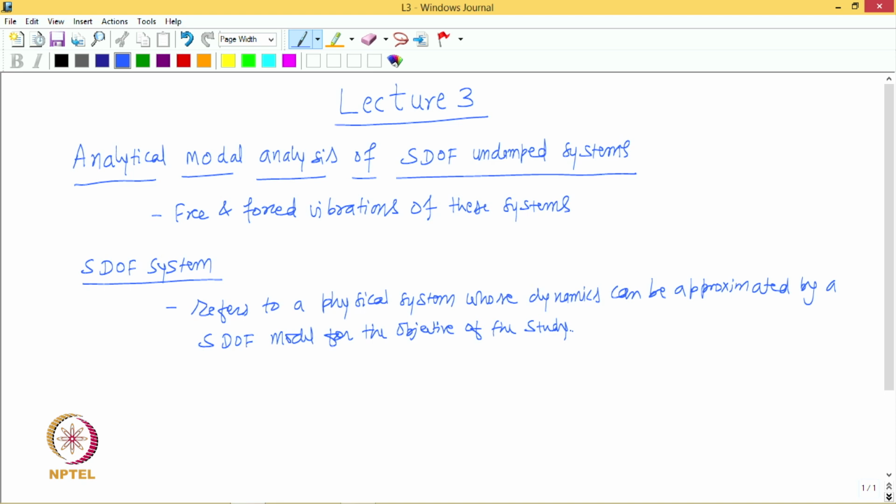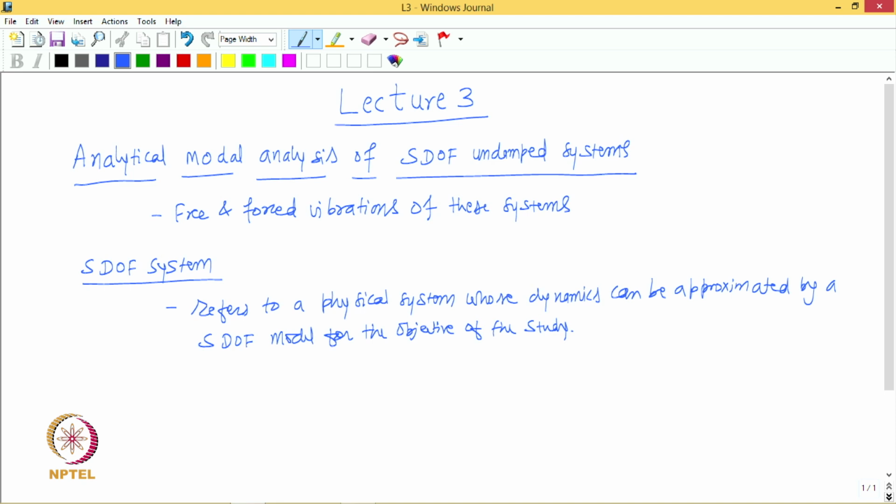So we also saw that if the objective in the car example was to predict the bouncing motion as well as the pitching motion, then the single degree of freedom model was not good enough, right. So we made another model. That is why the approximation by a single degree of freedom model would be based on the objective, that is, what is the intention of the study.